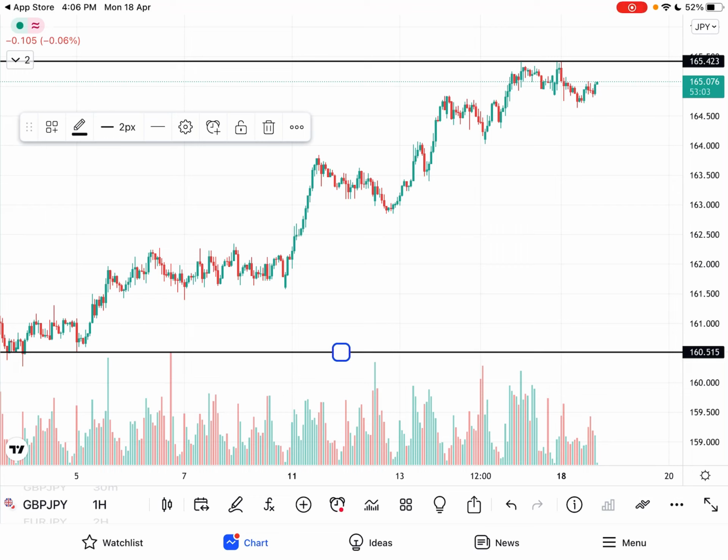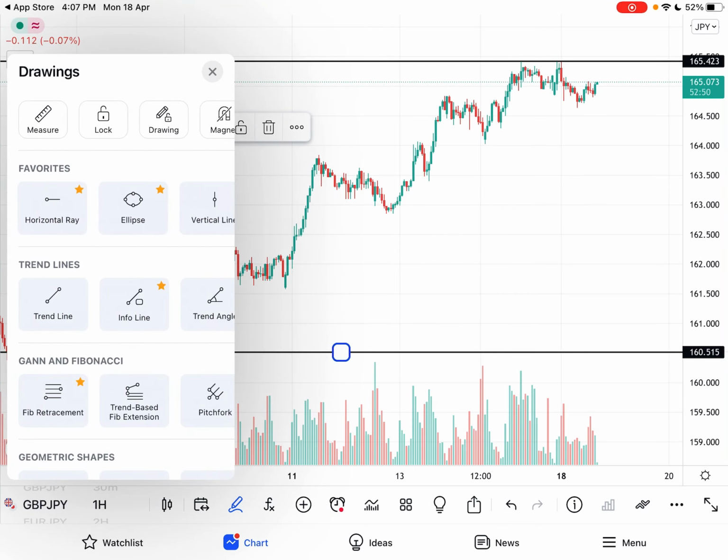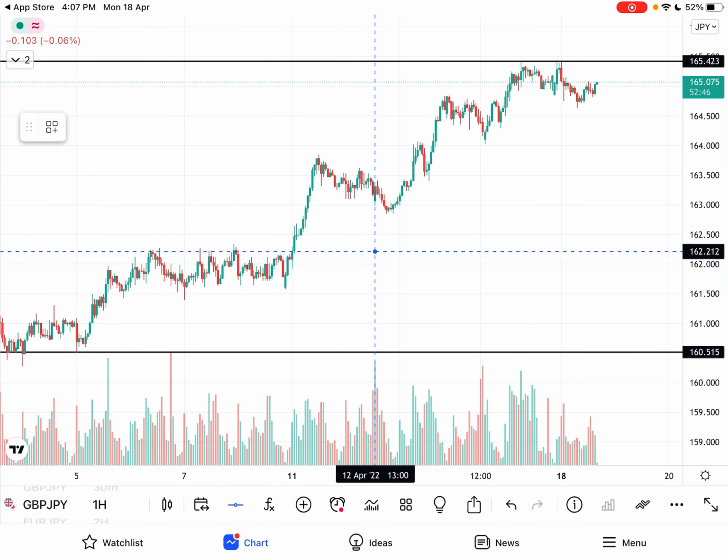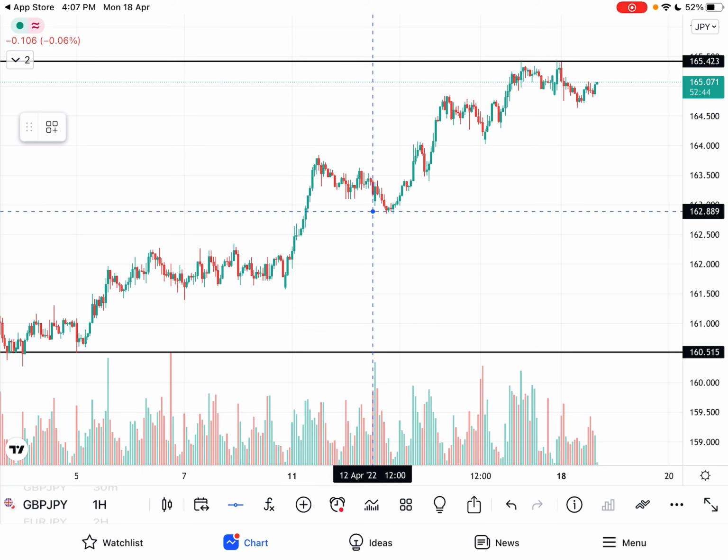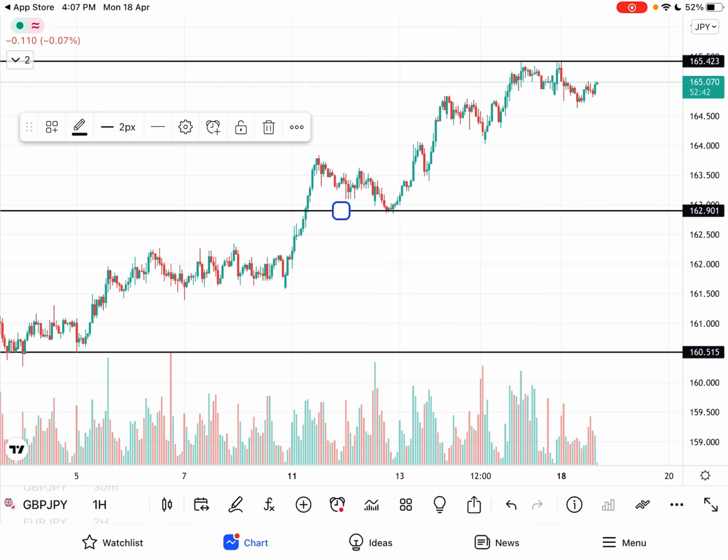And now the next point, after marking my support, my resistance, now I'm interested in the middle level, or the 50% level. Okay, so I'll take another horizontal line, and then on my chart I scan and say, okay, this is a suitable mid-level. Then I drop it. So now I have 3 points of interest.